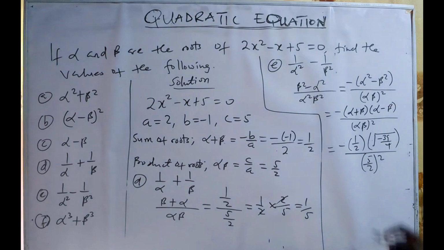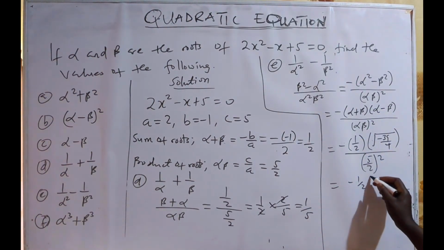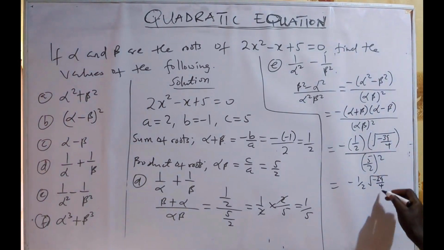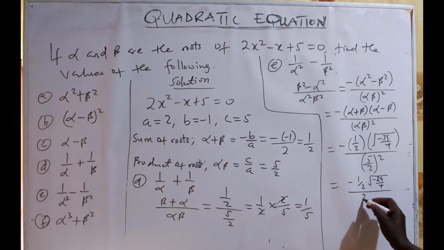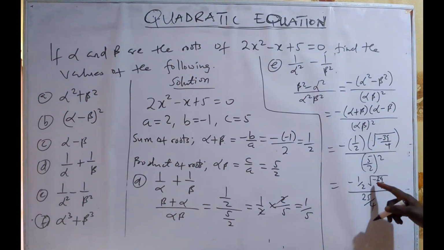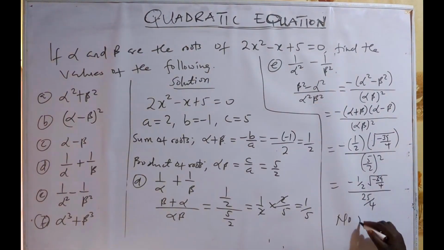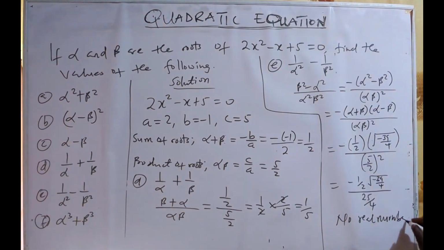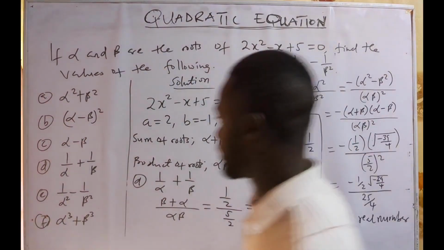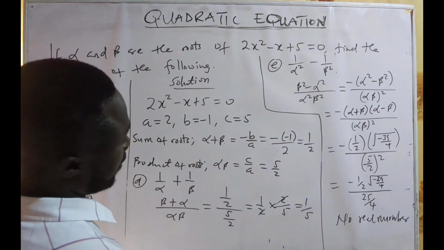So we can have minus 1 over 2 root of minus 39 on 4, over 25 on 4. So because there is a root of minus 39 on 4, that one has no real number, because there is a negative root. Okay. So let's look at the last one, and then we are good to go.